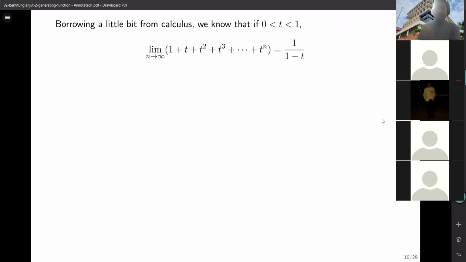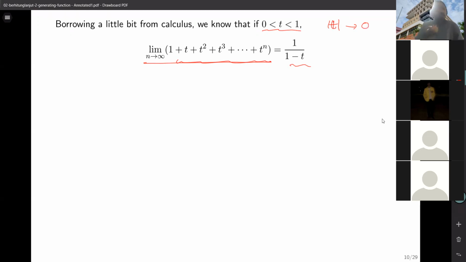Now, borrowing a little bit from calculus, you know that the limit of this sum, given that t is close to 0, yeah, for when n goes to infinity is actually this.